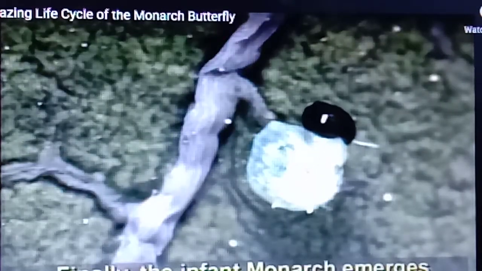See how the larva is coming out of the egg. Slowly it is breaking the egg and coming outside. Emerging means coming out.